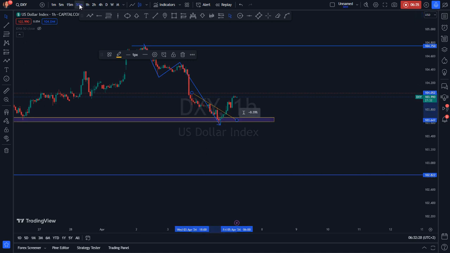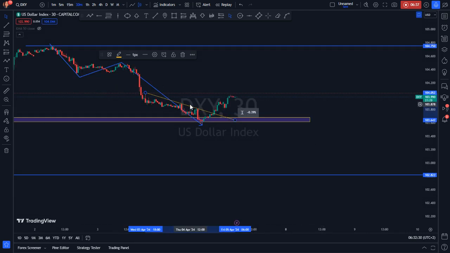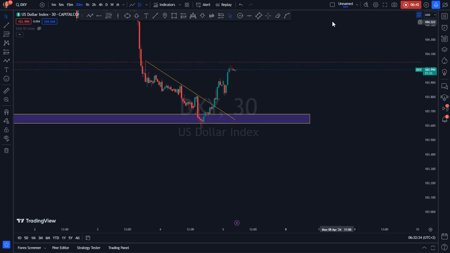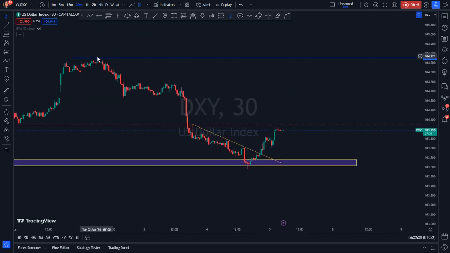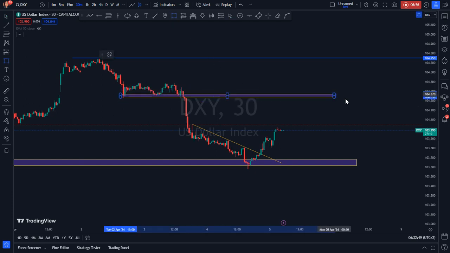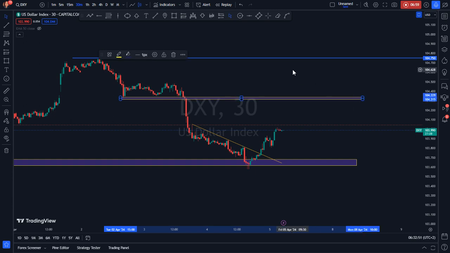Because let's just have a look at this structure alone. There's a possibility that the market might be, let's say this was an impulsive and then the market corrected, and then this was the impulsive and then the market is currently in a correction phase, there is a possibility that the market might be coming to reject this low right here.